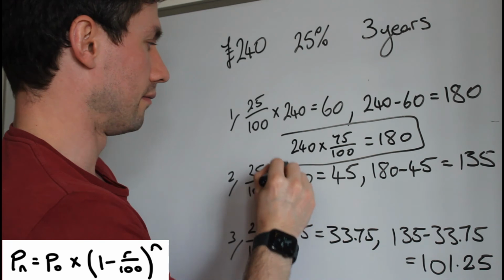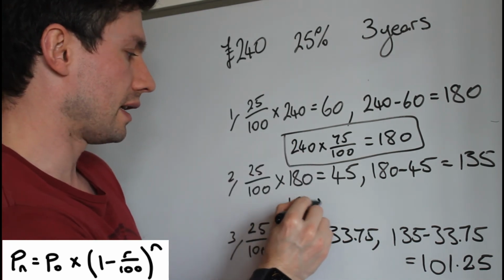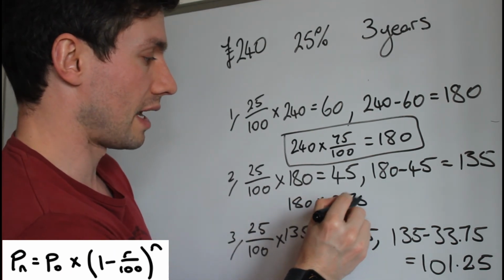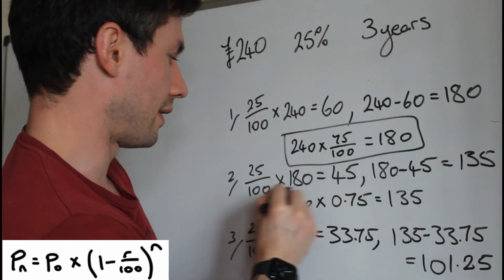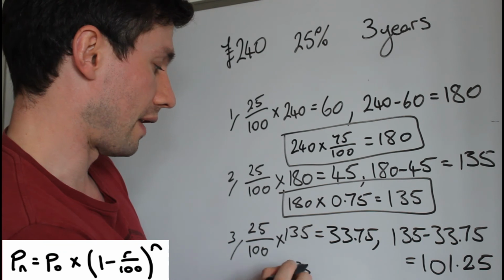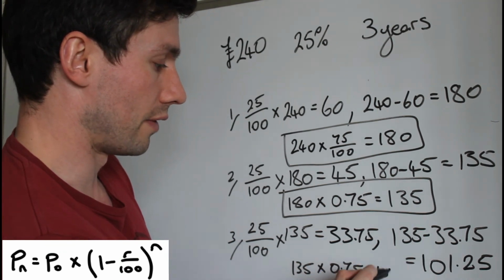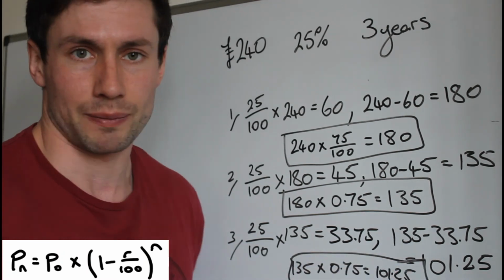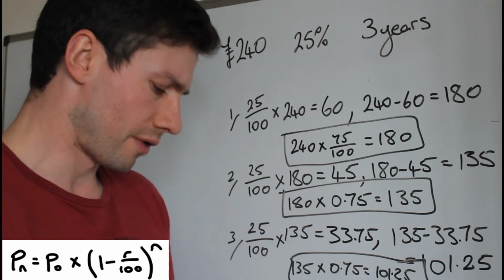In the second year we would take that 180 and multiply it by 0.75, which is the same as 75 over 100, and that would give us our 135. And in the third year we would take our 135 and times it by 0.75, giving us our answer of 101.25. There we go, 3 quick steps, very similar to what happened with the compound growth.